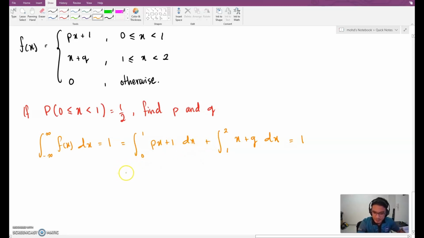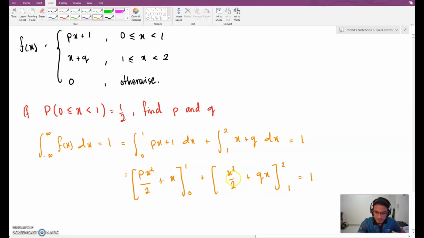If we proceed with the integration, we get px squared over 2 plus x from 0 to 1, plus x squared over 2 plus qx from 1 to 2, equal to 1. Then we proceed with the substitution.